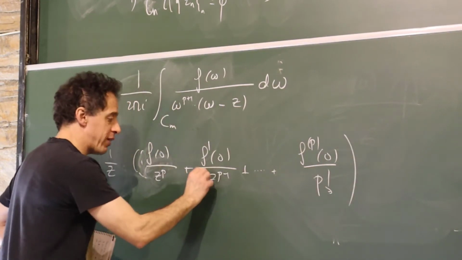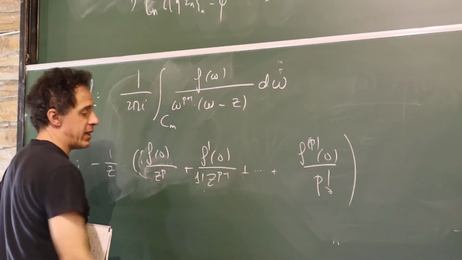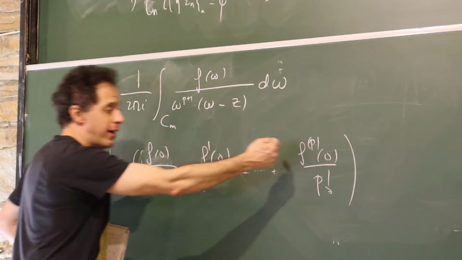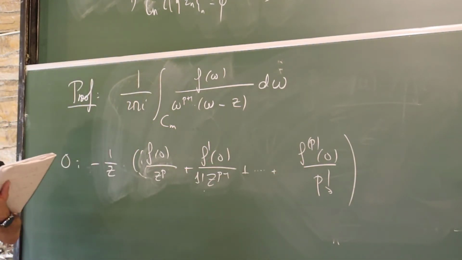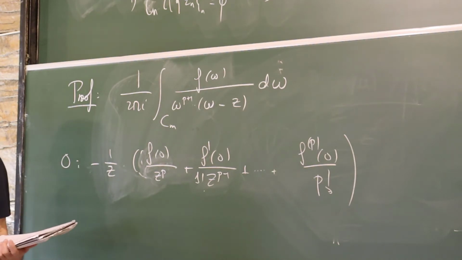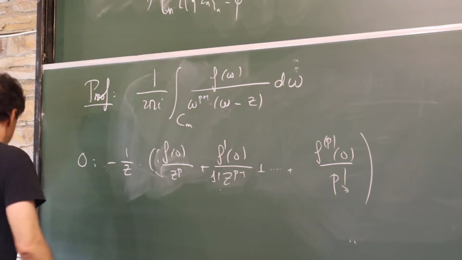So here you have 1 factorial z^(p-1), then the second derivative over z^(p-2) times 2 factorial, etc. This is the residue at 0. It's the more complicated to compute. It's not difficult, but you have to work a little bit.